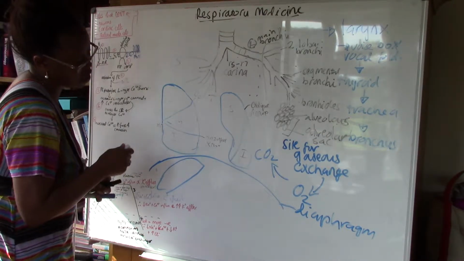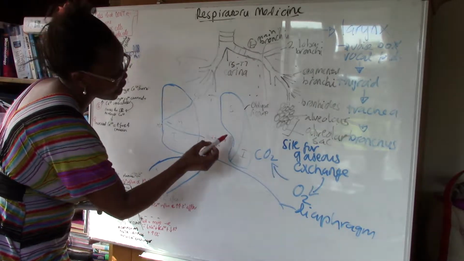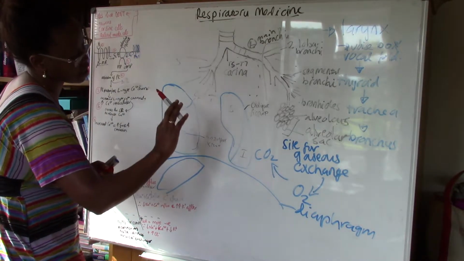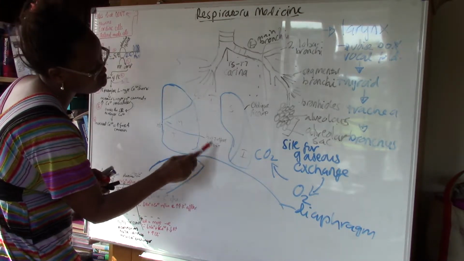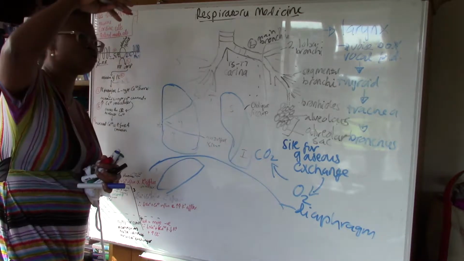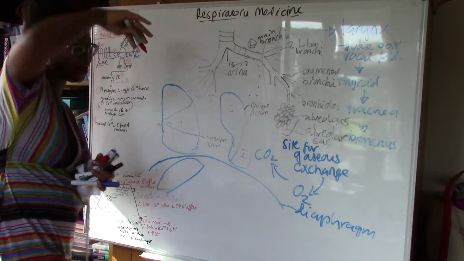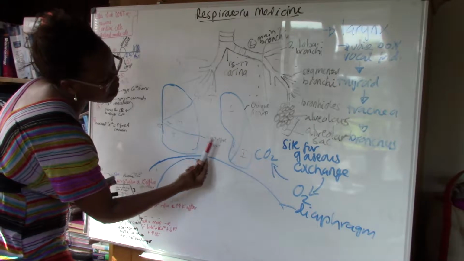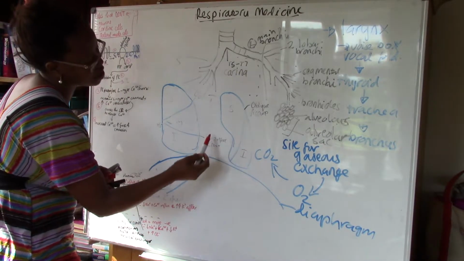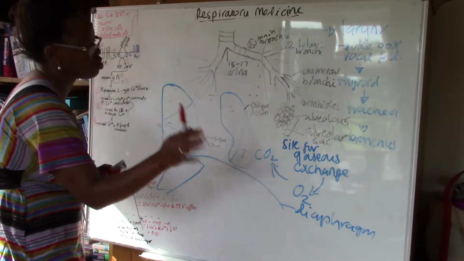And importantly, the left lung also has a cardiac notch, which means that it has a surface that is an imprint of the heart. So if we were to flip it over and look at it from a posterior angle, we'll find that there is a cardiac notch on the left lung itself, which means that that's an imprint of where the heart is.